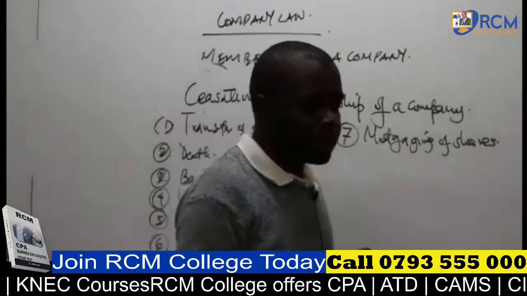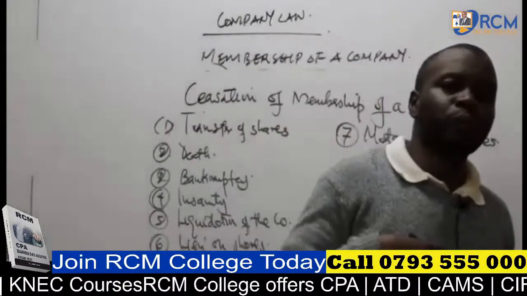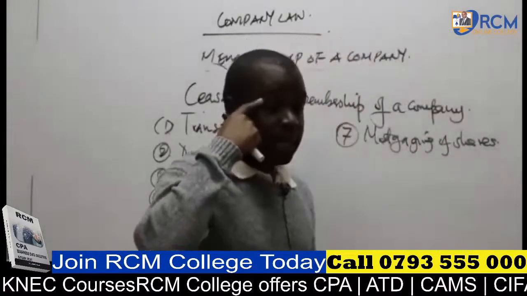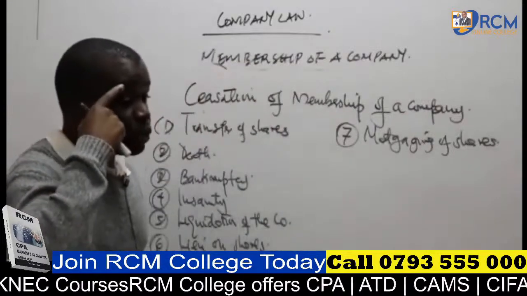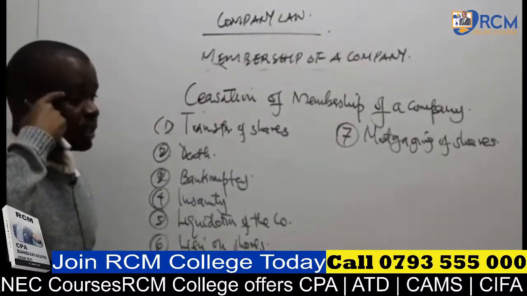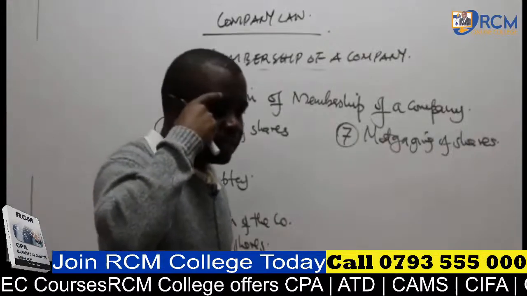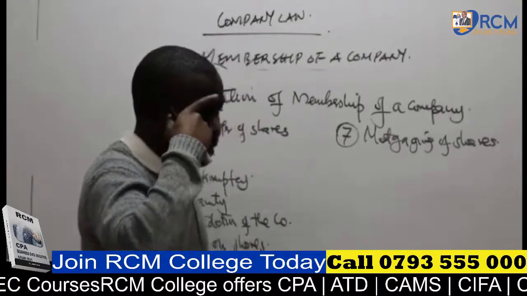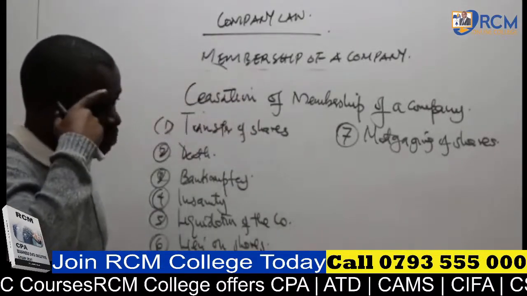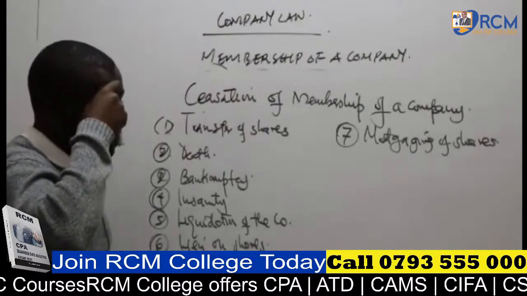And if this shareholder is not able to pay the due amount to the company, then he'll lose the shares. They can forfeit the shares or take over the shares of that shareholder who is indebted to the company.